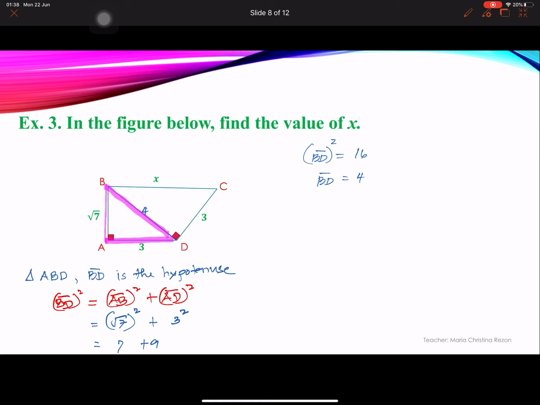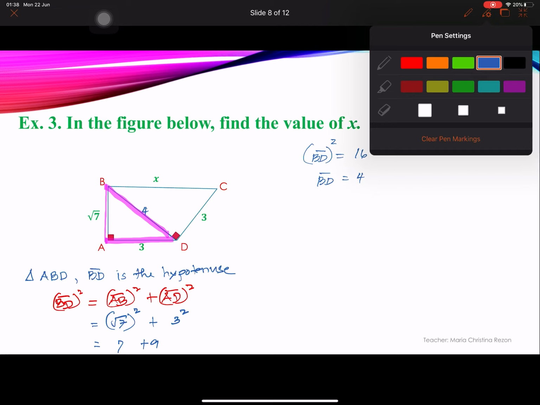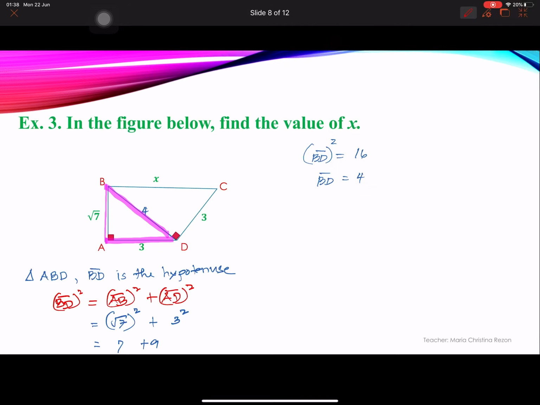And then for your other triangle, you have triangle BDC. BC is the hypotenuse, right?